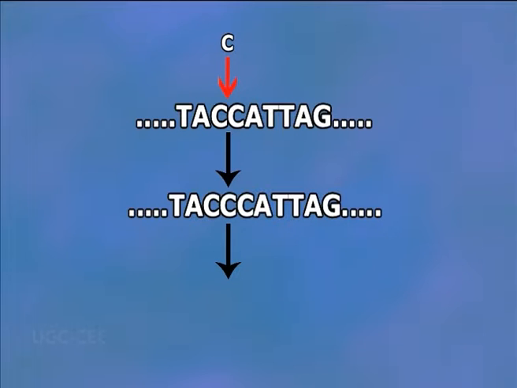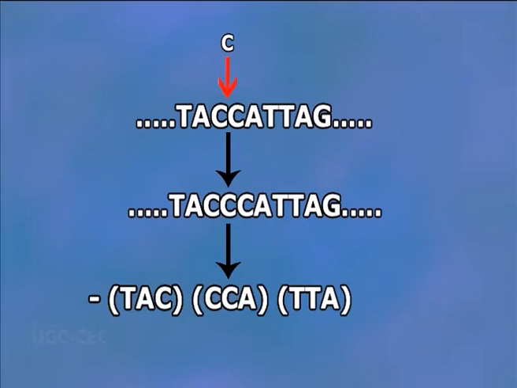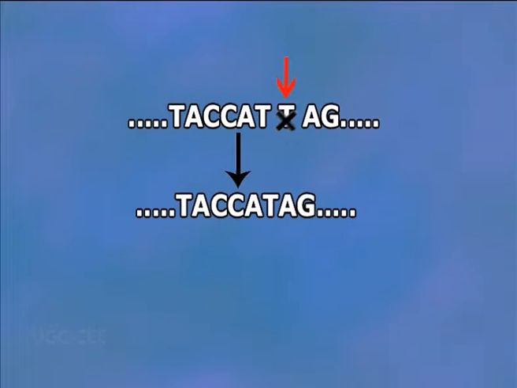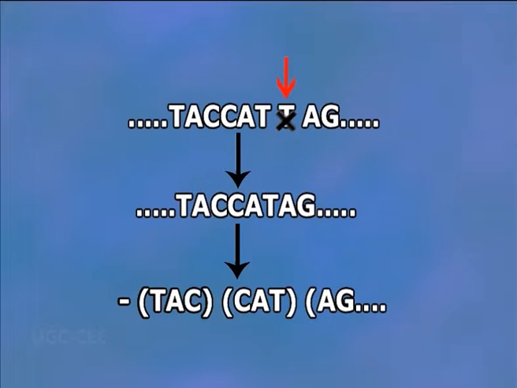It will be read as TAC CCA TTAG. Number 3, if a nitrogenous base T is deleted from the third codon, the sequence becomes TACCATAG. It will be read as TAC CAT AG.